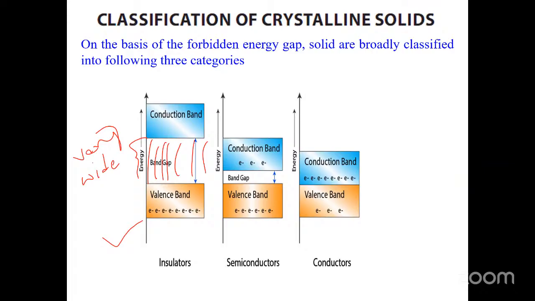But the gap is very wide, so whatever energy you give, the electrons fall down into the gap. Because the gap is very wide, the electrons cannot jump from the valence band into the conduction band. All the electrons fall down into this gap.